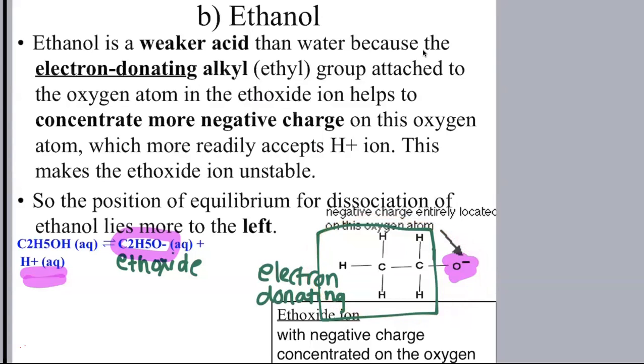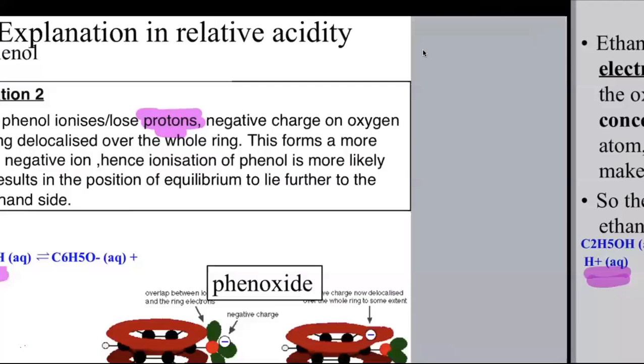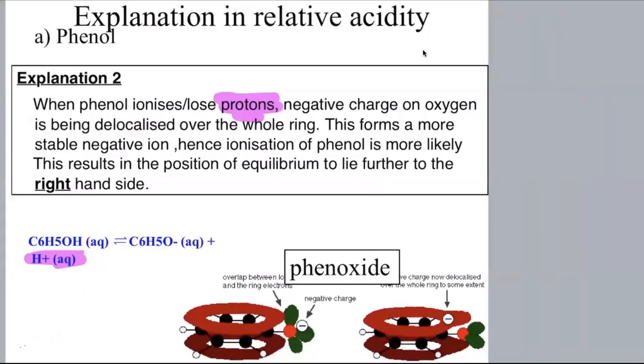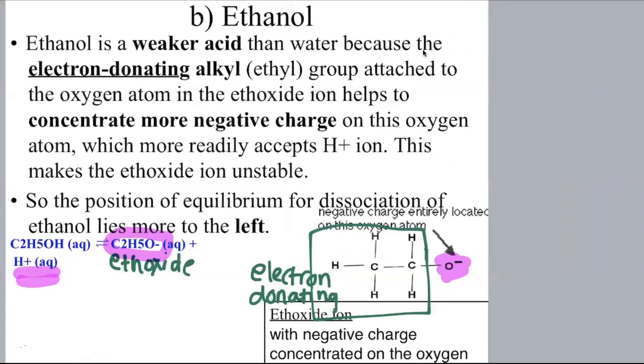That's the easier explanation. Explanation number 1 is this. Since the negative charge in the ethoxide ion is not being spread out to the whole molecule, it stays concentrated on the oxygen atom.